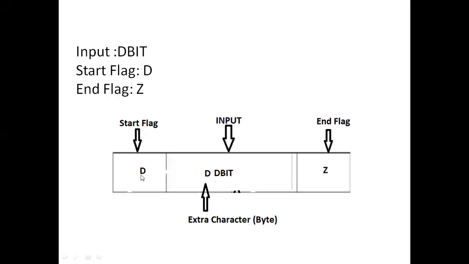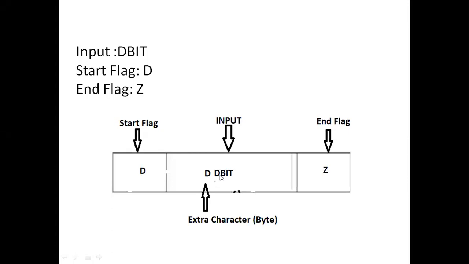Let's go back to the slides. This is the output we see: D followed by double D, BIT, and then Z. This is what your actual output looks like.